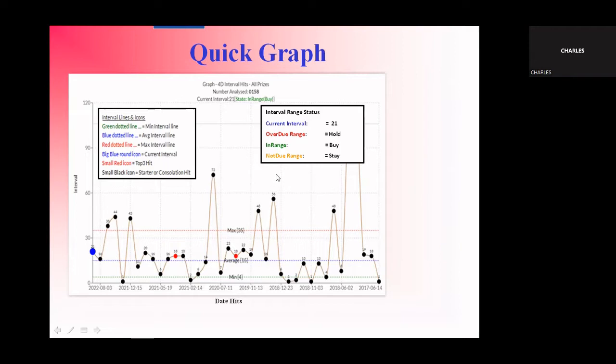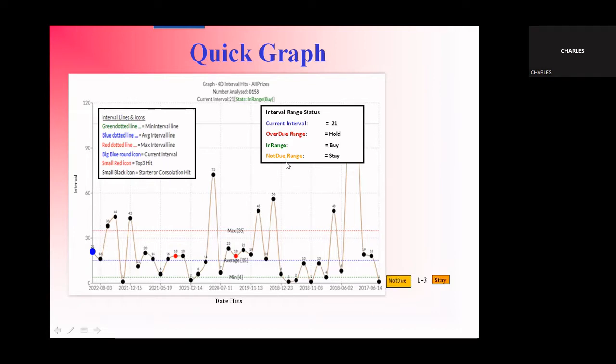Okay, we have been analyzing number, whether a number's current state is not due, or whether it's in range, or whether it's overdue, and of course the current interval. So now this will give you a very good understanding when a number is not due, when a number is in range, when a number is overdue. Okay, let me just start from the not due.